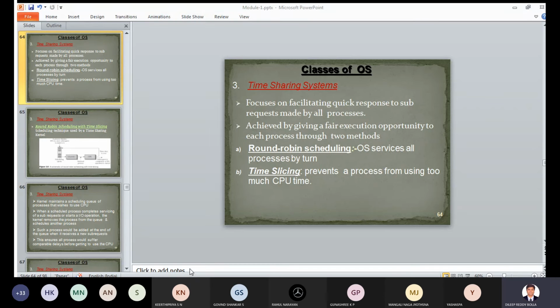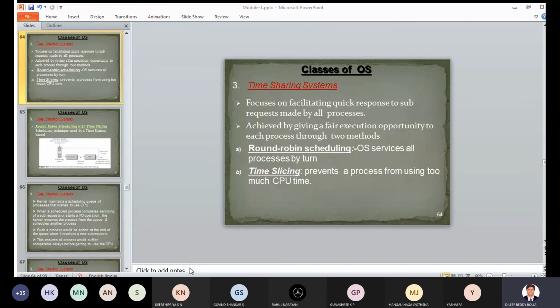Time sharing systems. We see that the time is constant for everyone. We cannot change that.